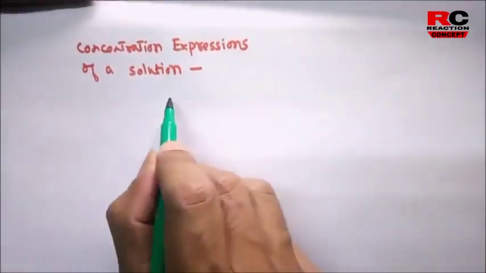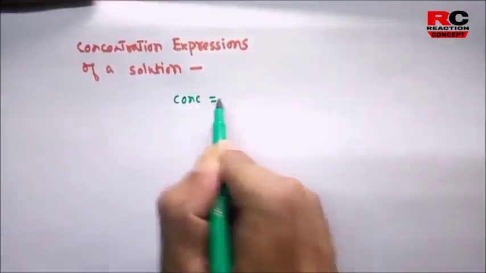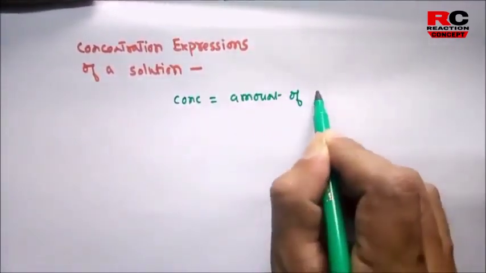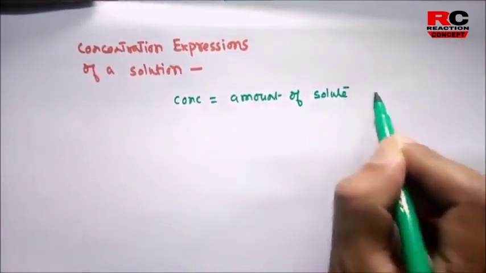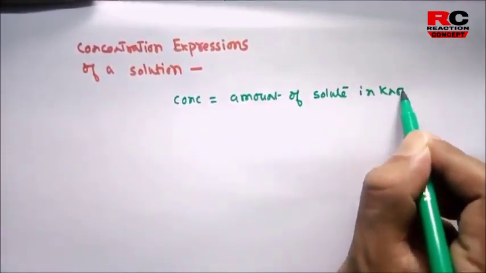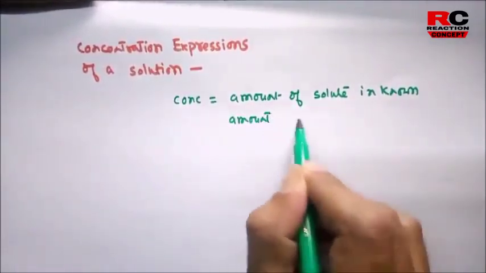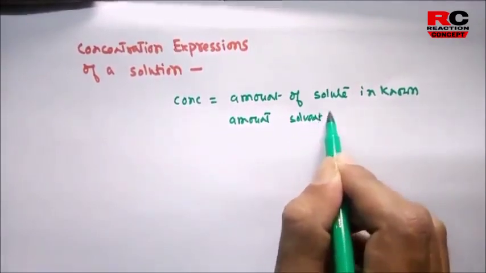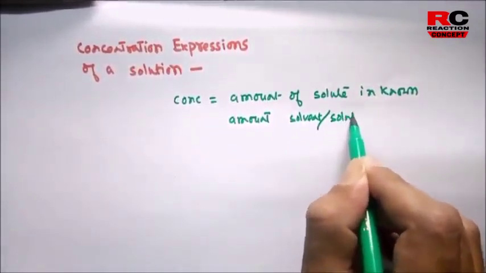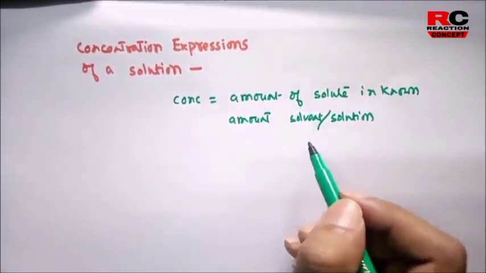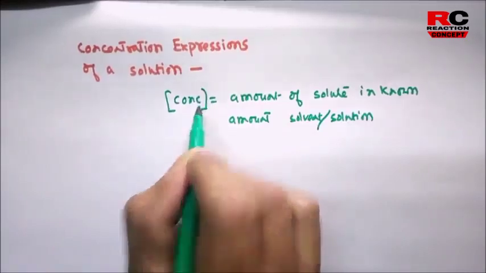Before going to this, you should know what the concentration of a solution is. It is the amount of solute in a known amount of solvent or solution. That is, for a fixed amount of solution, what is the amount of solute? That is termed as the concentration of the solution.